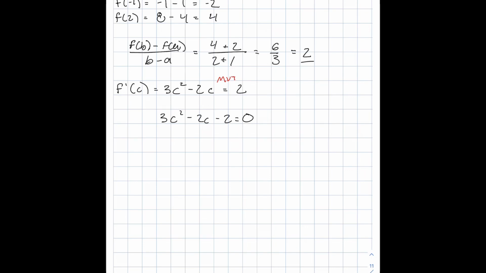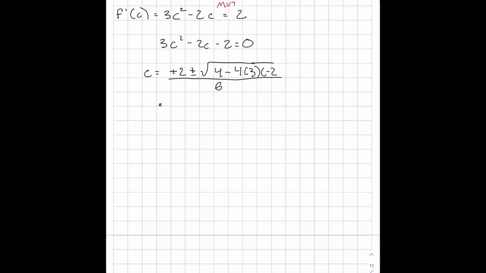That's going to mean that c equals -b, so positive 2, plus or minus the square root of b squared, 4, minus 4ac, all over 2a, so 3 times 2 is 6.